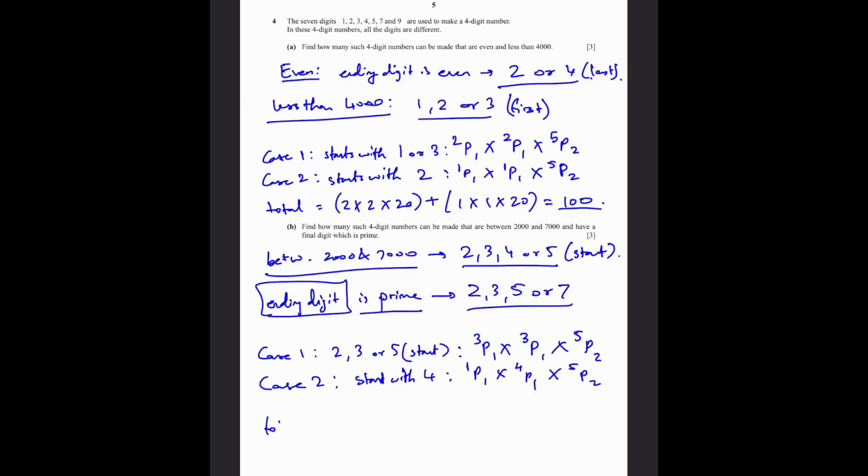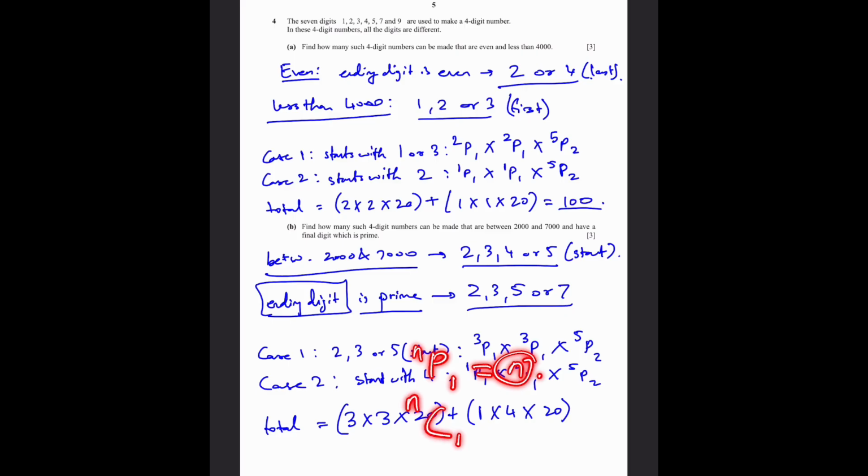And the total number of 4-digit numbers here is going to be equal to adding these up. 3P1 is just 3. 5P2, as we found previously, is 20. And then we add this to 1P1 is 1, 4P1 is 4, 5P2 is 20. By the way, just a rule of thumb, if you want to save a bit of time, anything in permutations or combinations, if we take r equal to 1, say nP1, it's always equal to n.